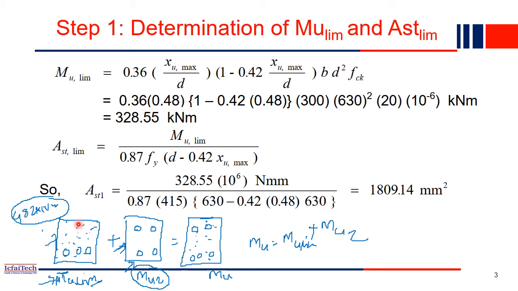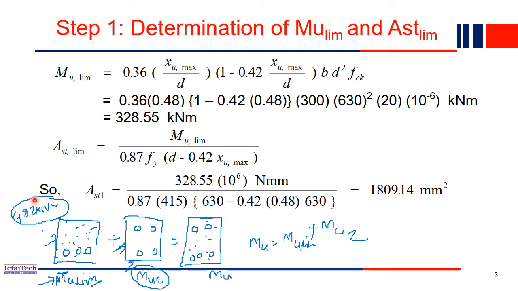But how much moment is acting on the beam? That is 482 kilonewton meter, so the moment is very high. If we provide only a singly reinforced section, it can take a maximum of 328.55 kilonewton meter, but the applied moment is very high, 482.